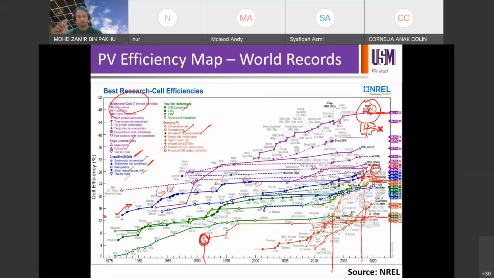For example, if USM makes a world record, we cannot just claim that we have come out with a new record. It has to be independently verified by an institute appointed by the PV society, like in Japan or Germany or US or China. There are a couple of institutions in the world which are given certifications to verify the world record cells.